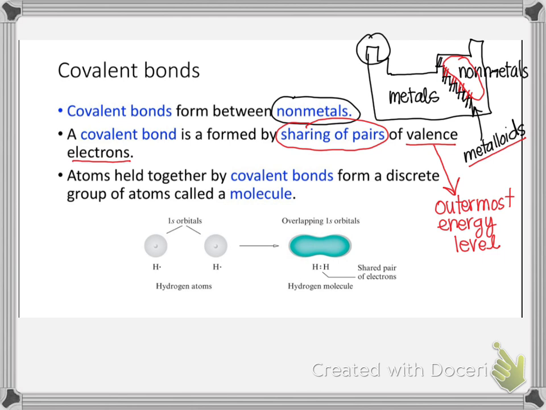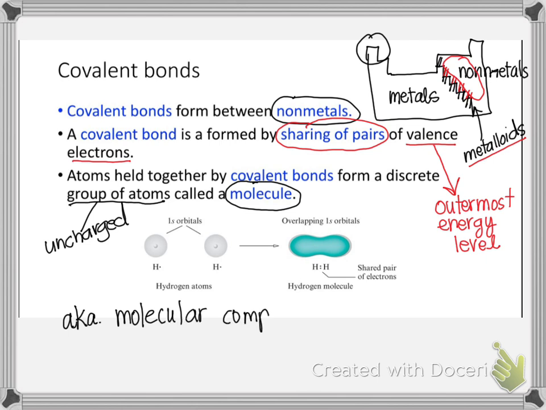The third bullet point says that when atoms form covalent bonds, they form a molecule. And a molecule is just a group of atoms that are bonded together. And overall, they do not have a charge. So these are uncharged. And a lot of times when we're talking about covalent bonds, we might also call them, also known as, aka, molecular compounds.